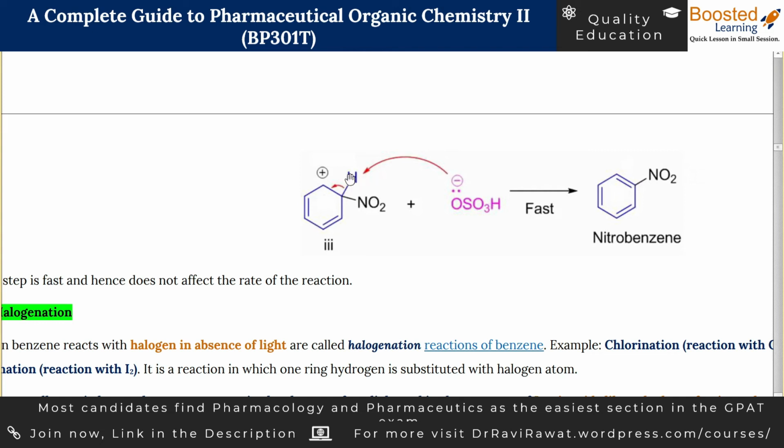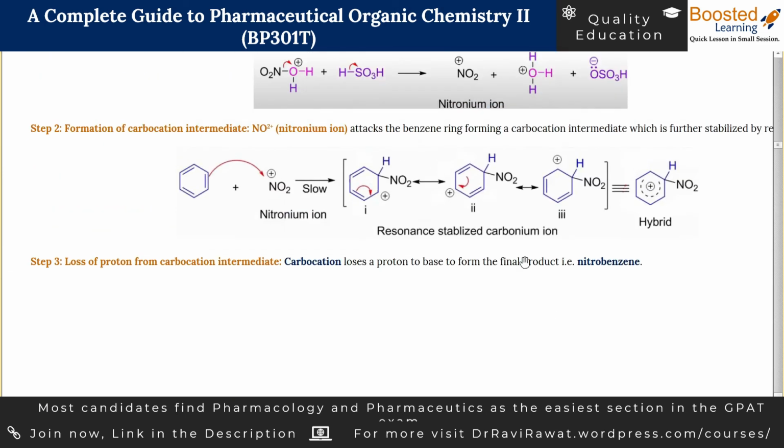So the 2 electrons of this carbon hydrogen bond will be shifted back to the benzene ring. So this positive charge would be neutralized and the aromaticity would be regained. So this step is going to be a fast step, and you can see your final product, which is nitrobenzene, has been formed. So I hope this thing was clear to you.